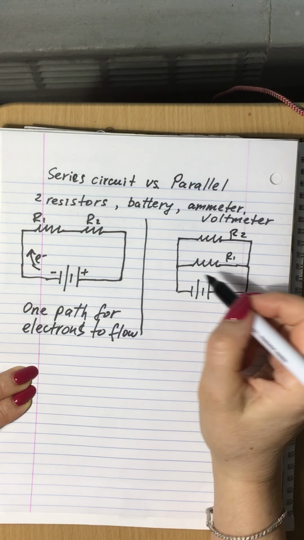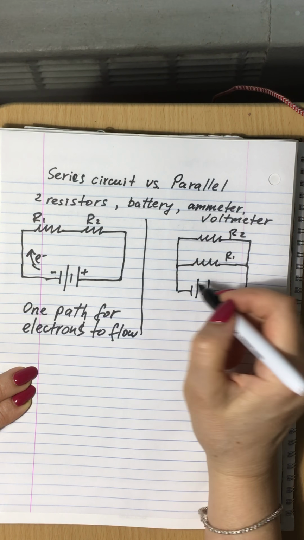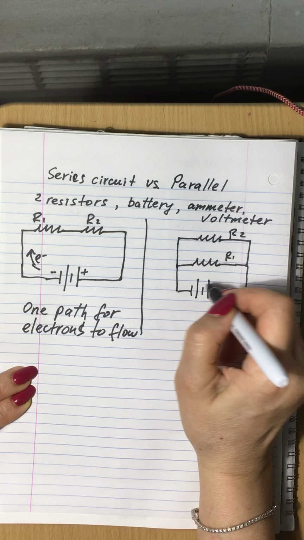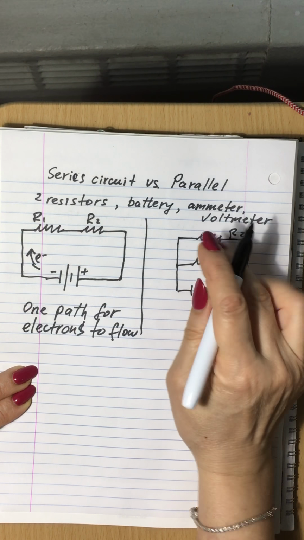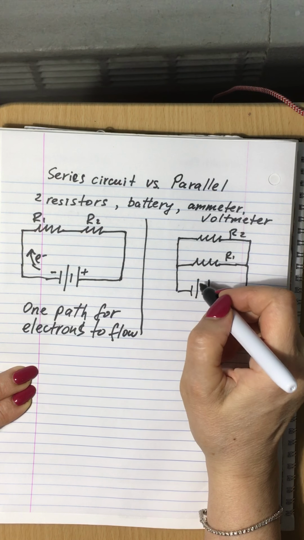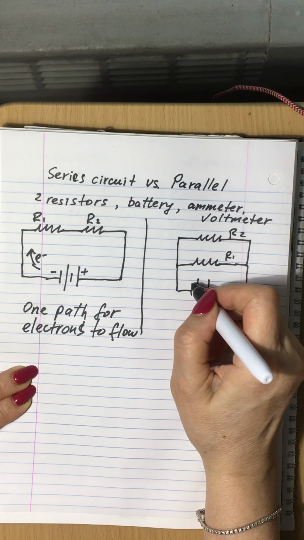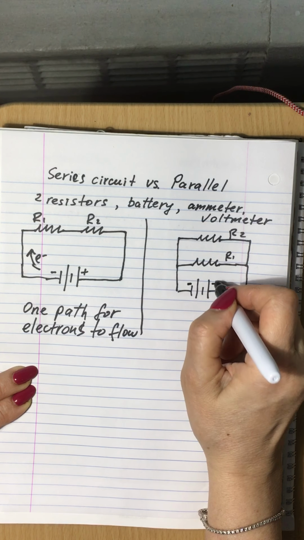Now you can see that these two connections are completely different. Let's think what will happen to electrons. Both of them are closed circuits, right? Closed loops.